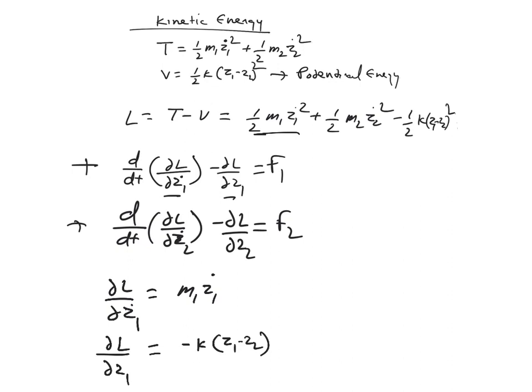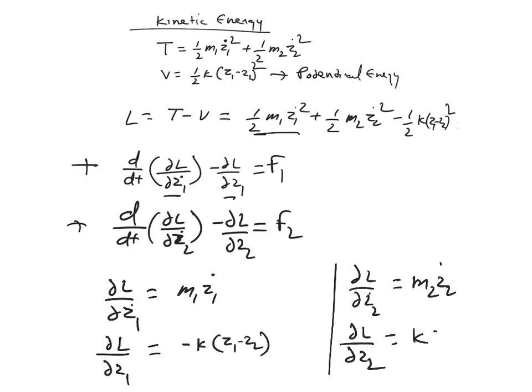Similarly, the partial with respect to Z2 dot is M2 Z2 dot, and the partial of L with respect to Z2 equals K times Z1 minus Z2.